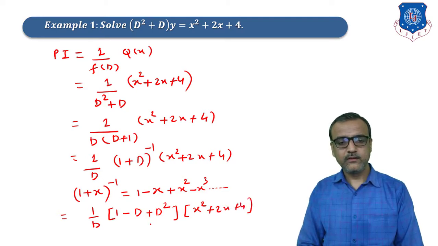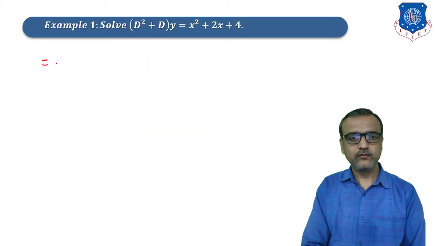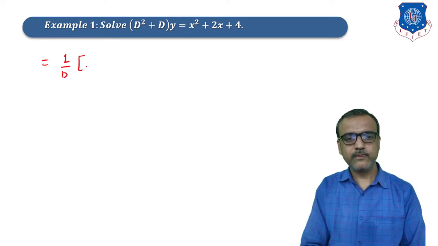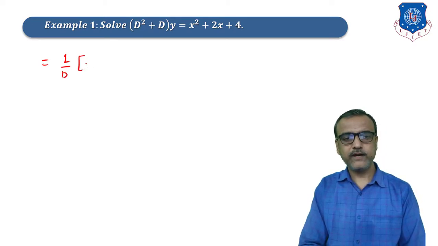Now we will apply the 1 - D + D^2 operator on this function, that is x^2 + 2x + 4. So 1 upon D will be as it is, multiplying 1 by x^2 + 2x + 4.